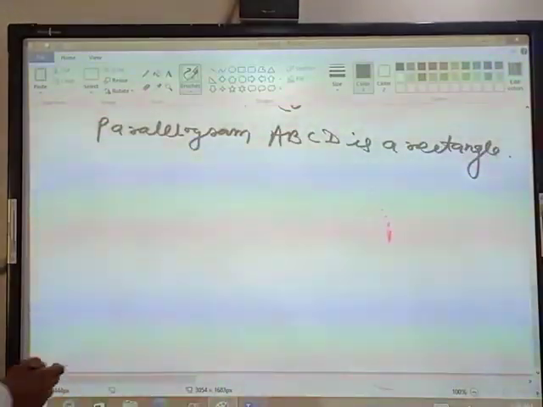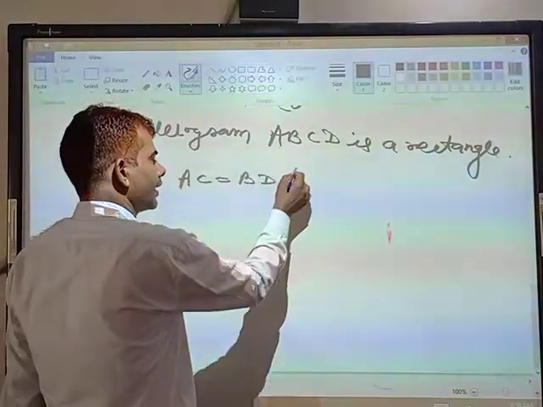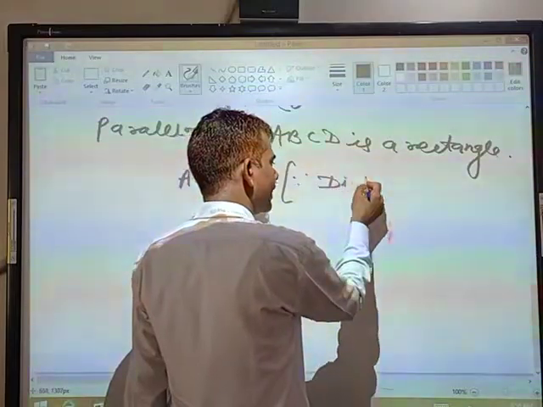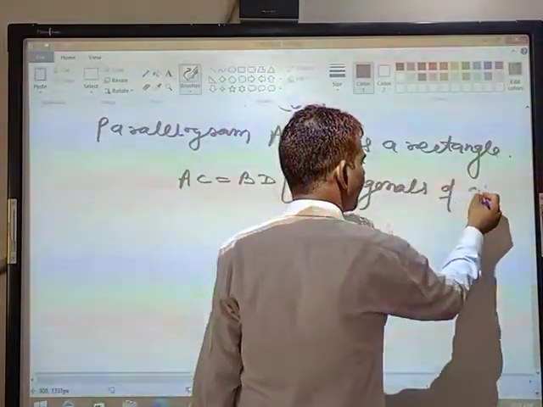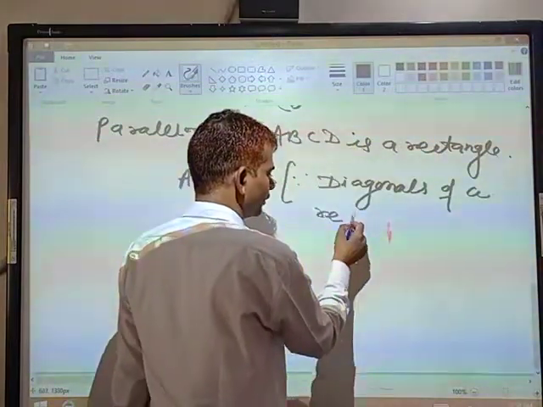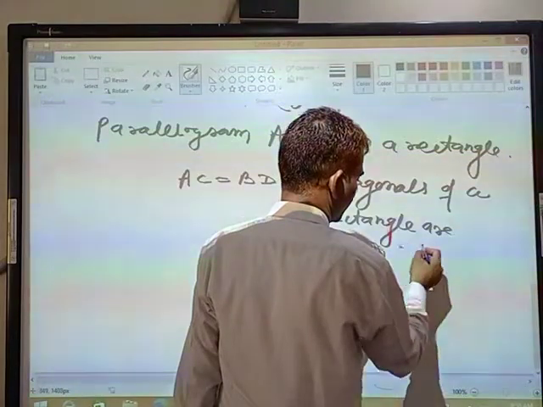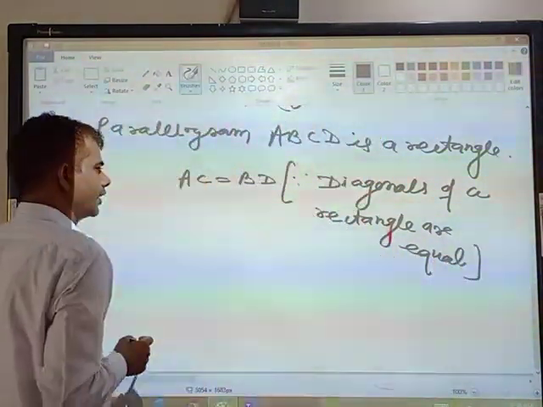AC is equal to BD. Diagonals of a rectangle are equal. So AC is equal to BD.